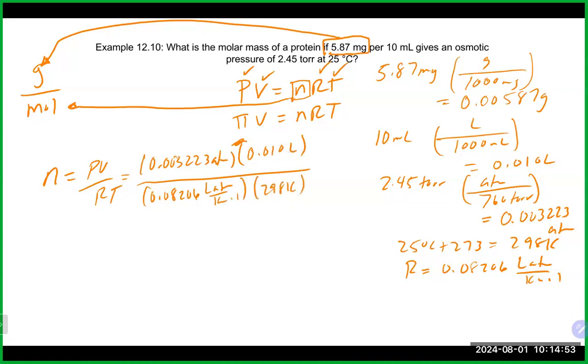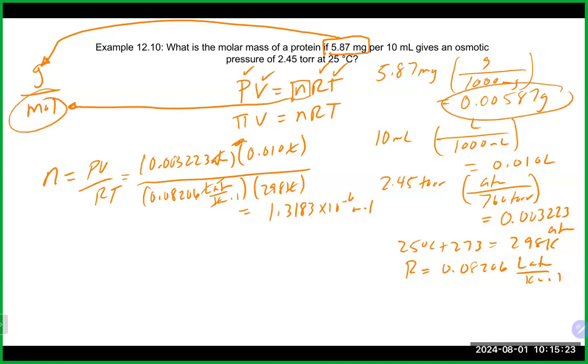Everything's going to cancel out except for moles, which is good. That's going to get us approximately 1.3183 times 10 to the minus 6 moles. That is the bottom part.